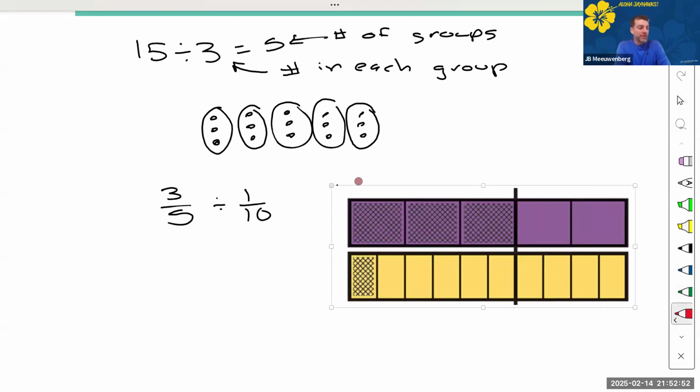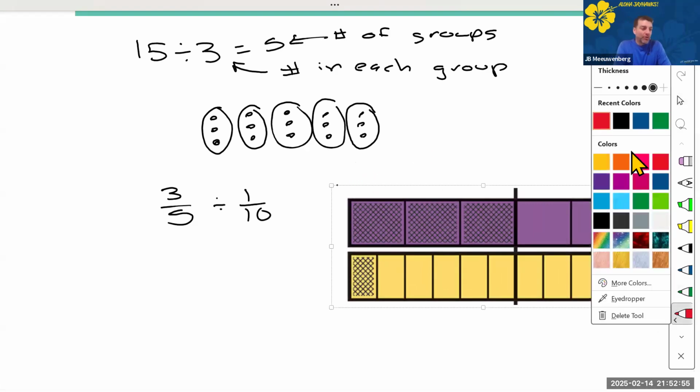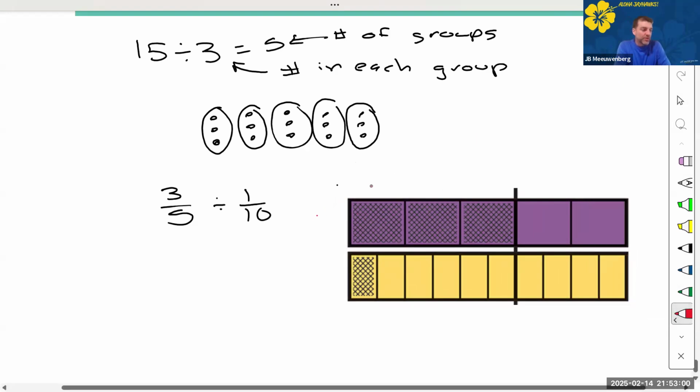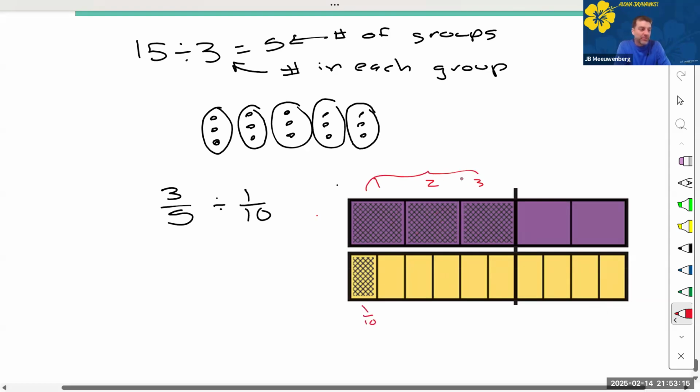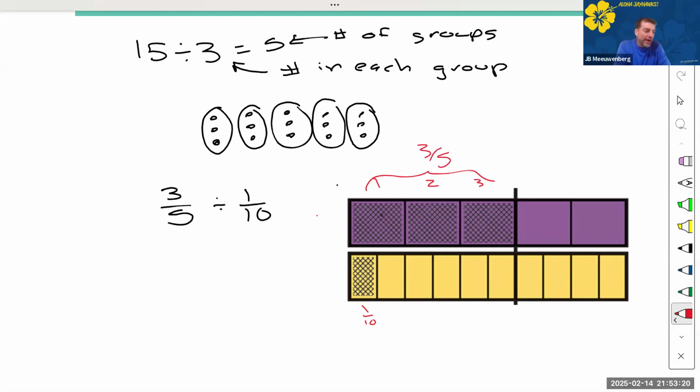So here you will notice the top bar represents 3/5. 5 sections, and we have 1, 2, 3/5. And the bottom we have cut up into tenths, and here's 1/10. So this is a tenth, and this whole thing up here represents 3/5. And so if we imagine taking away 1/10, that would be taking away one section here. I'll tally them over here on the left.